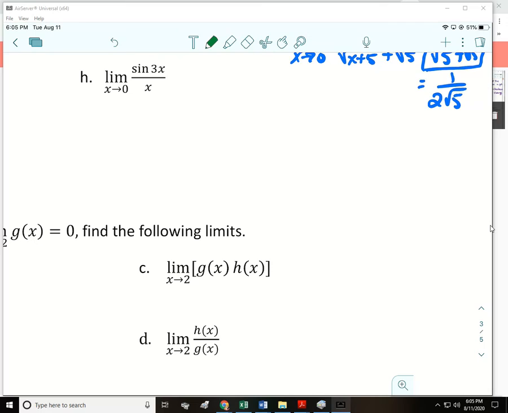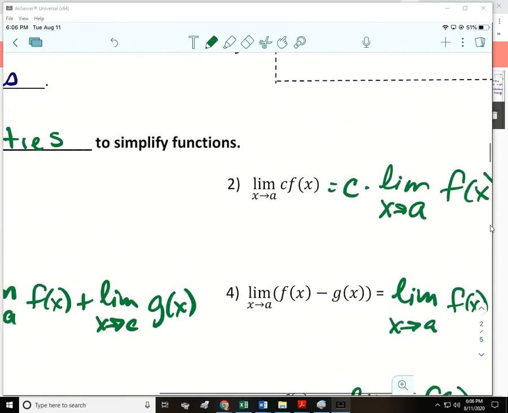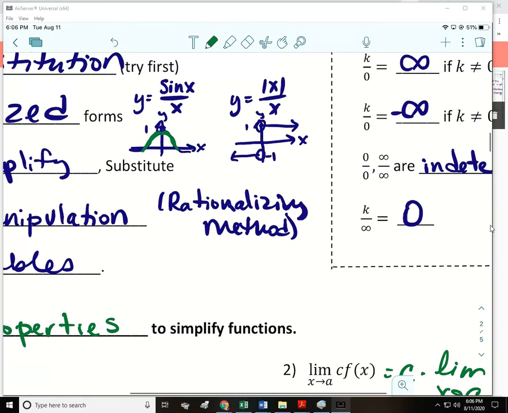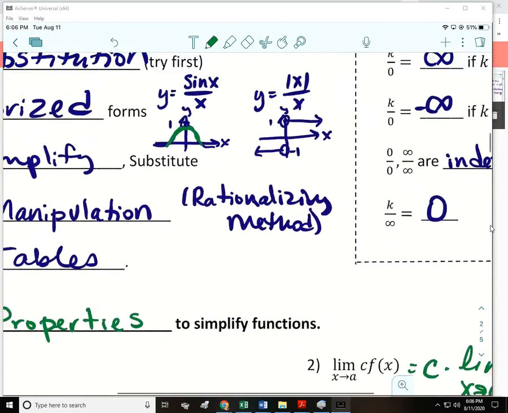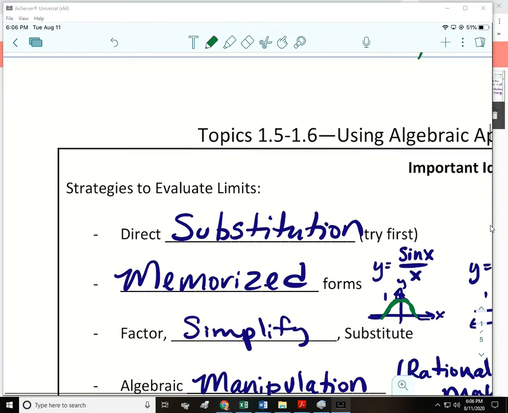For h looks a lot like sine of x over x, but there's a little bit of some issues. So I want you to write some limits down on the front of this sheet, because there's some room at the top. I don't have a lot of room on the back side. So what I want you guys to write, a limit to remember, is the limit as x approaches 0 of sine of x over x.